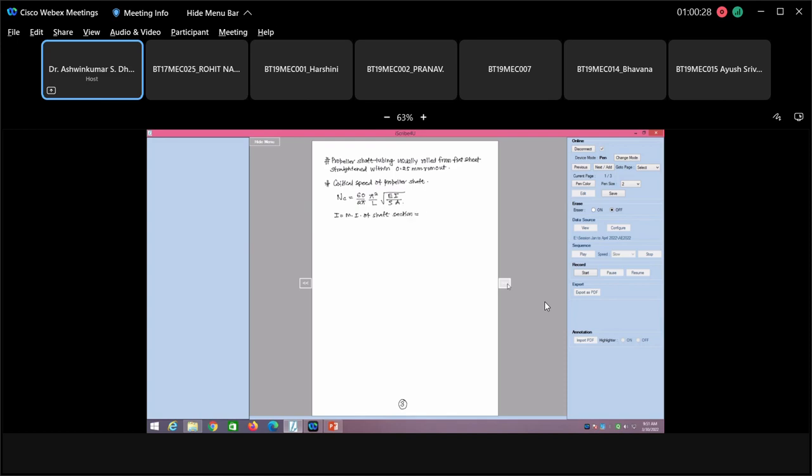This is given as pi by 64 into bracket d outer diameter raised to power 4 minus d inner diameter raised to power 4. A is cross sectional area. This equals pi by 4 into d0 square minus di square.